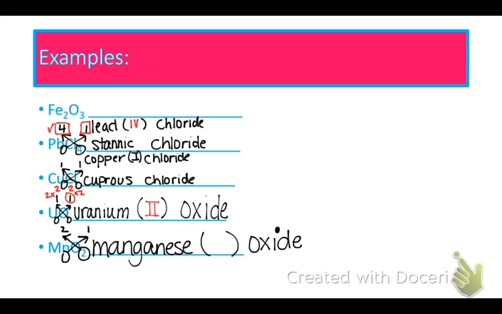It makes a 2. So that's actually a 2. Which means that this over here is not a 2. We have to multiply it by 2, so that's actually a 4. So manganese should actually have a Roman numeral of 4. Okay, so those are your type 2s.